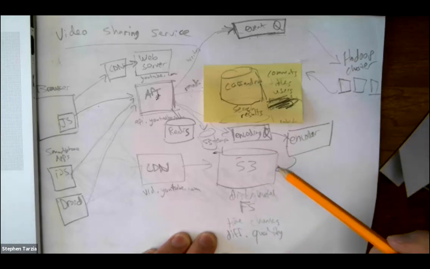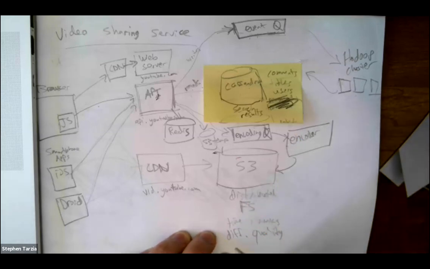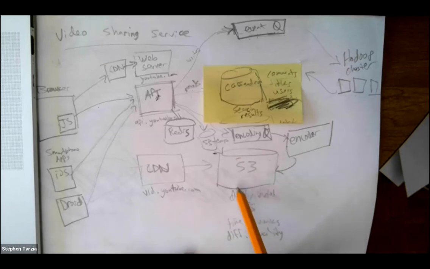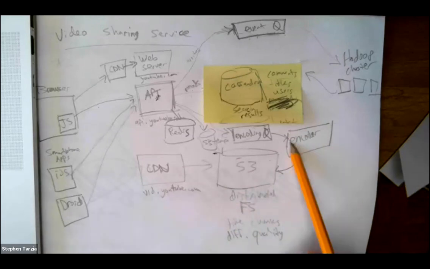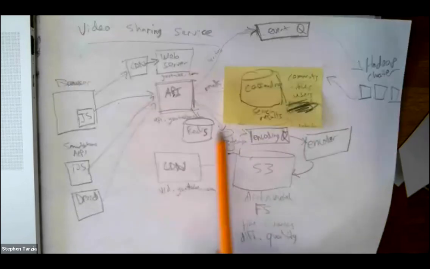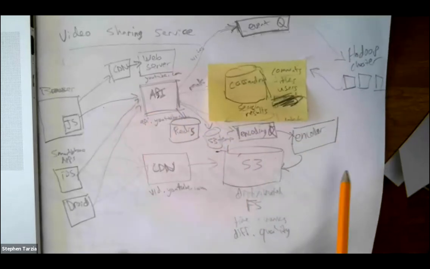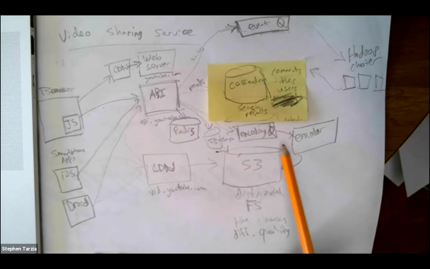So for every file that is uploaded, we might generate 200 files, maybe 2 or 3 different quality levels, and then we're breaking it up for every 5 seconds into a different chunk, okay? And that work would be done here, and it's decoupled from the API because this is going to take a long time to run. So actually, that's a very good point. This is a significant and important part of this architecture.